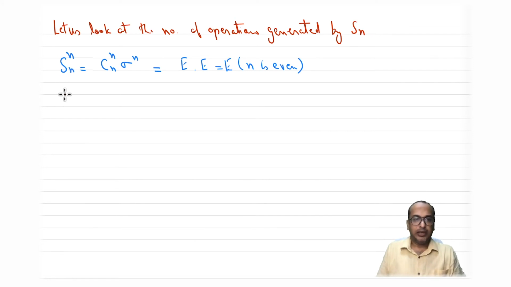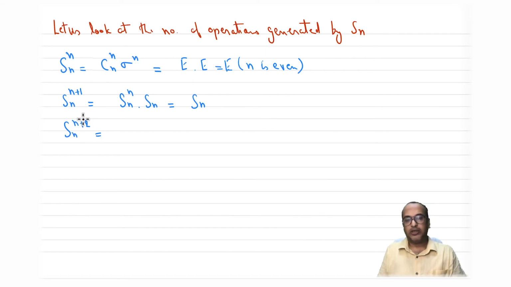So now let's say Sn to the power n plus 1. What happens there? That would be Sn^n times Sn. Since Sn^n was E, this is Sn. Similarly, if you have Sn to the power n plus 2, power means how many times a particular operation is done.